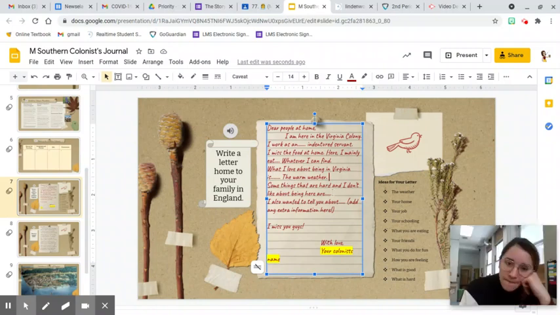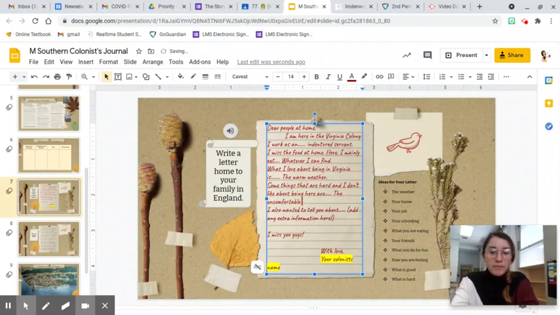Okay, our next sentence says, some things that are hard and I don't like about being here are, so it's up to you. There's a lot of things that were hard about the colonies. I'm going to type all of the examples. So maybe some things that are hard, you can write one or a lot, about being here are the uncomfortable beds.